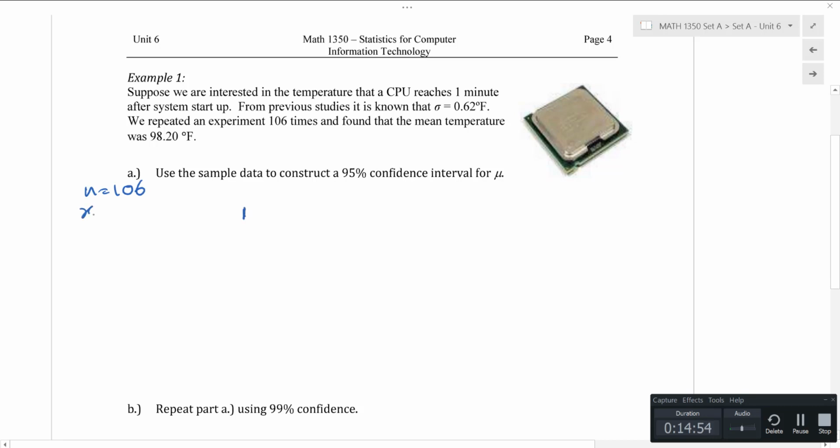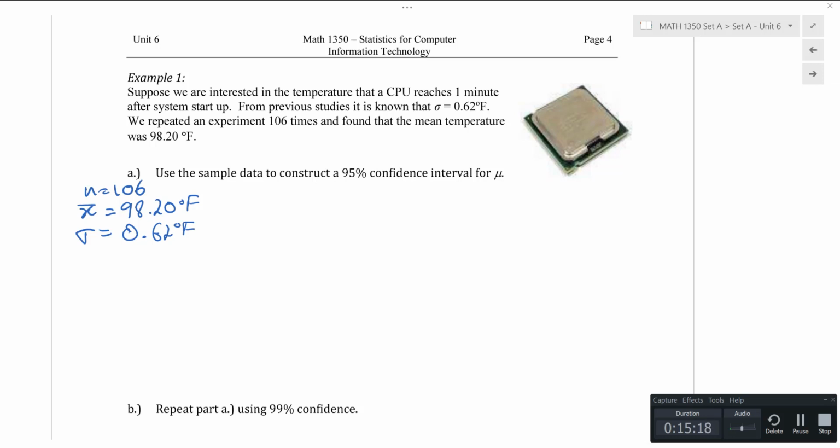Maybe after we've done the experiment, we take the mean of everything in our sample and we get this value here, 98.20 degrees Fahrenheit. And happily, we know the standard deviation of our population, coming from some sort of previous work, is 0.62 degrees Fahrenheit.